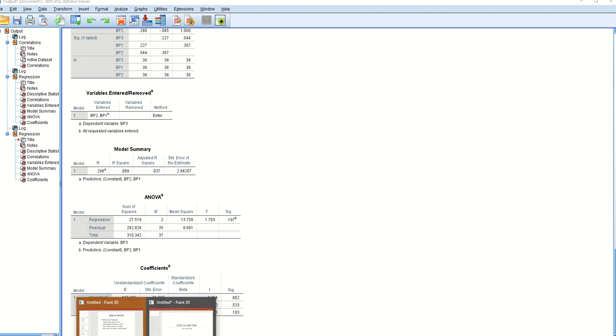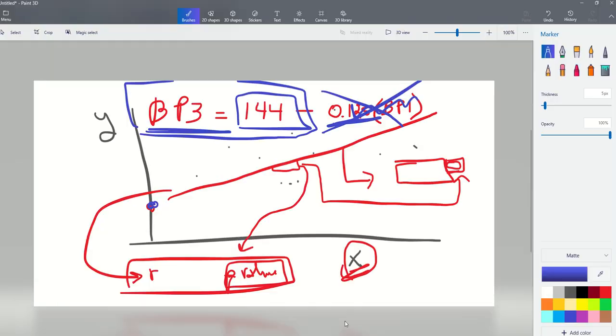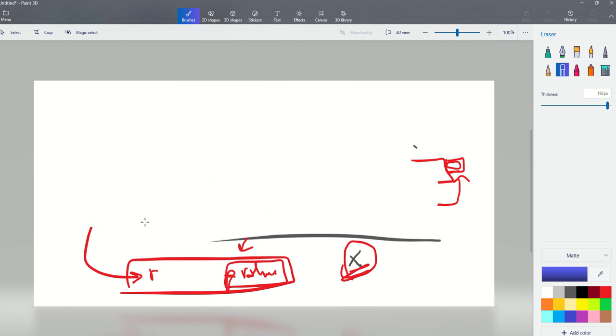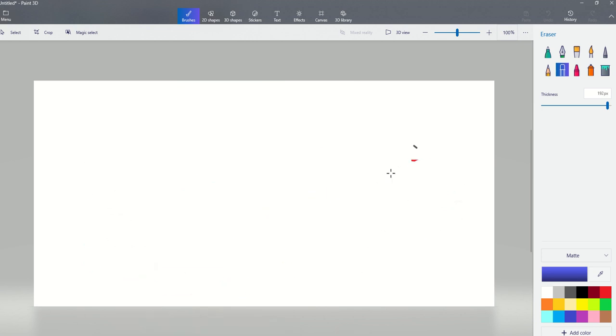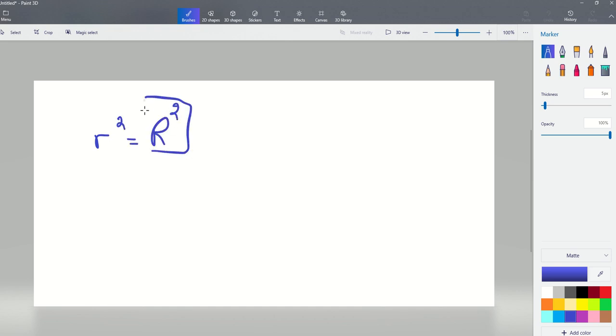Final word. So what is this business about R square? R square, as I mentioned previously, is the Pearson coefficient that is squared. So you take the R and you square it to get the R square. And basically, you can turn it into a percentage.